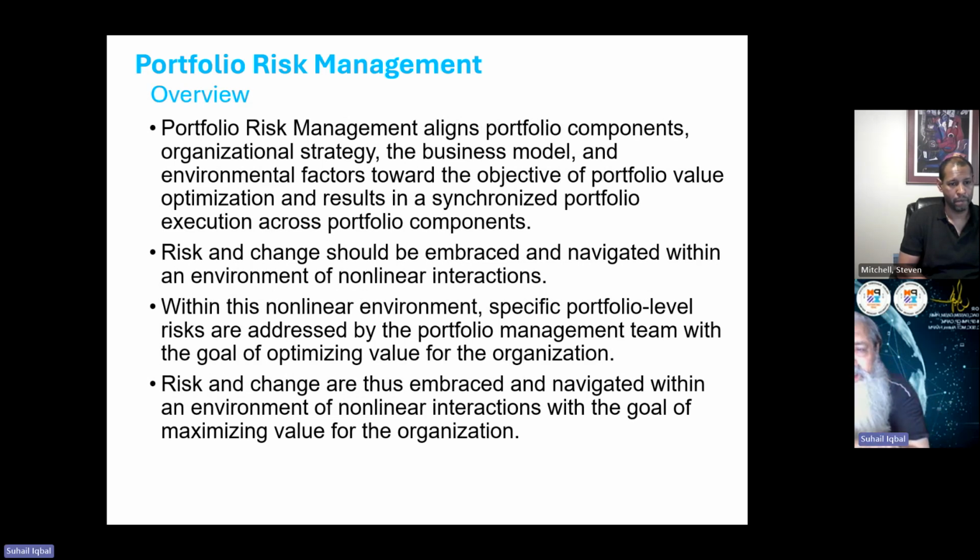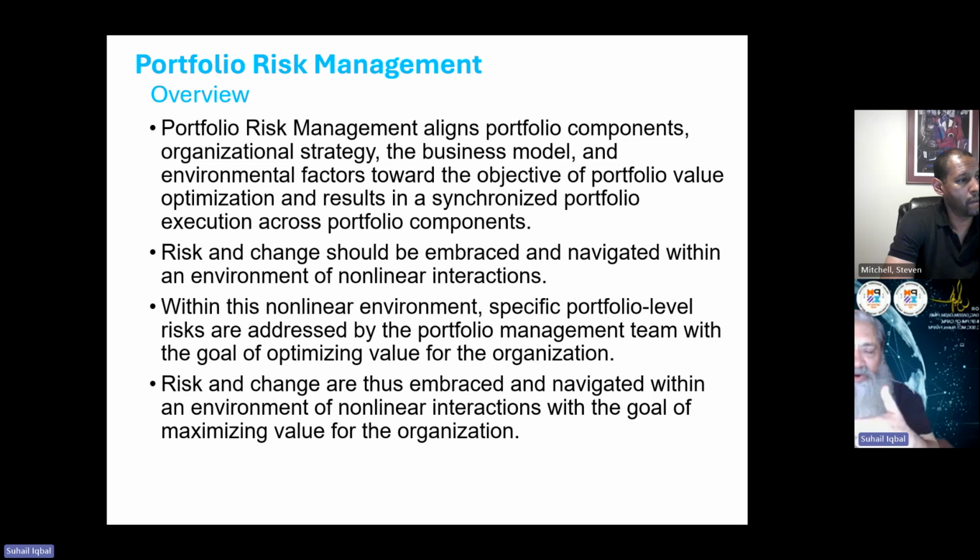Portfolio risk management aligns all of its components, as well as the organizational strategy, the business model and the environmental factors. Just imagine the level of balancing act this portfolio manager has to do.